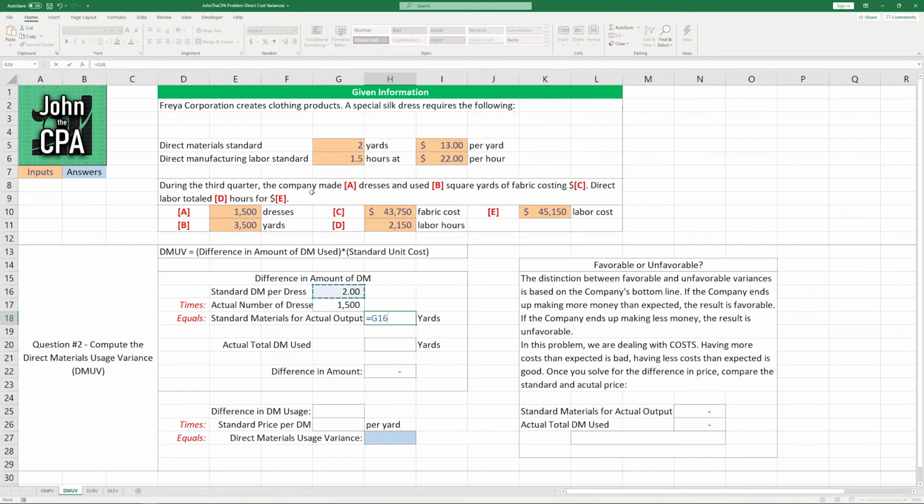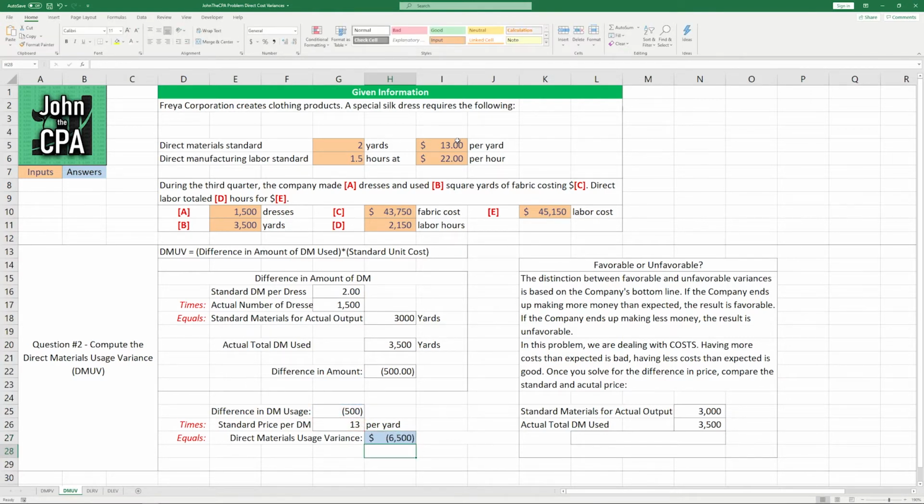So we thought we should have used 3,000 yards of material, but we actually used 3,500 yards of material, giving us a difference of 500 yards, 500 more yards than we expected. So this difference right here, this is again in yards, so it's only yards right now. We have to multiply that by the standard price per yard. It's going to be $13.